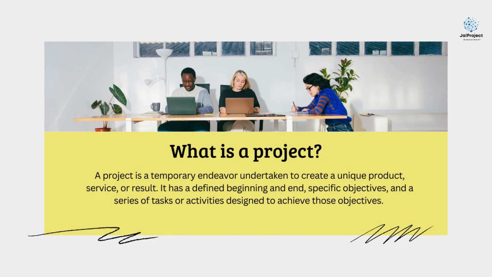Developing a software application is a project. Designing a new smartphone is a project. Building a house is a project. Improving the business as usual processes and procedures is a project.